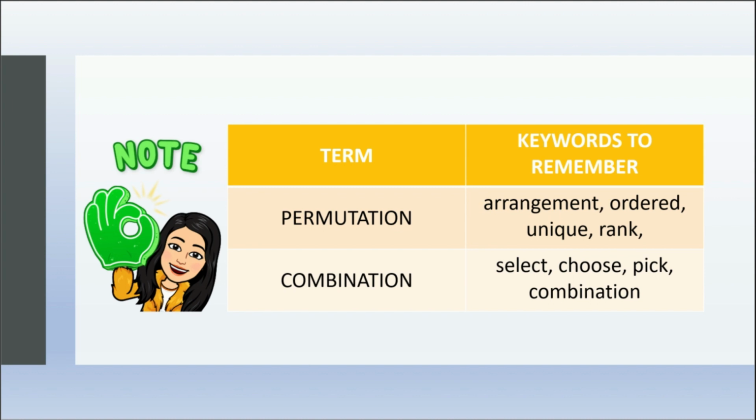For permutation, we have these keywords: arrangement, ordered, unique, and rank. For combination, we have the following: select, choose, pick, and combination.